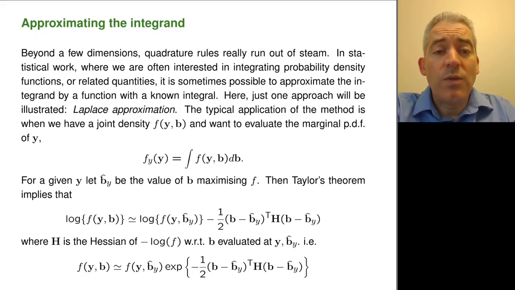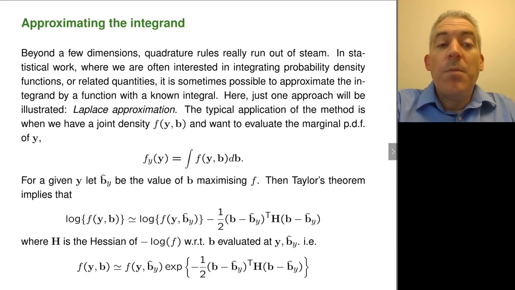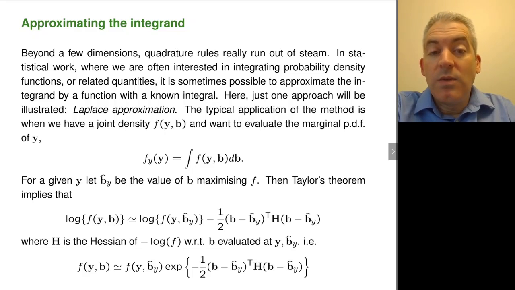So what can you do? Well, for fixed given y, again thinking about this as a likelihood where you observe y, what we can do is maximize this function, which is now just a function of b, to find the mode, and we can do that, for example, using Newton's method.